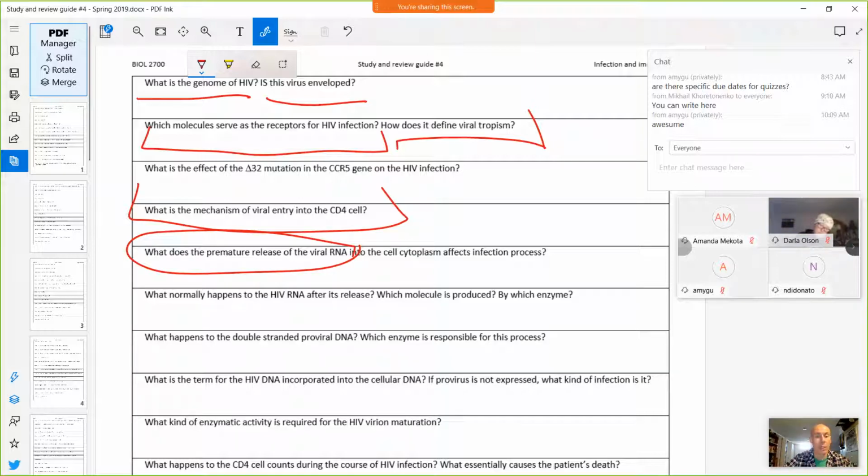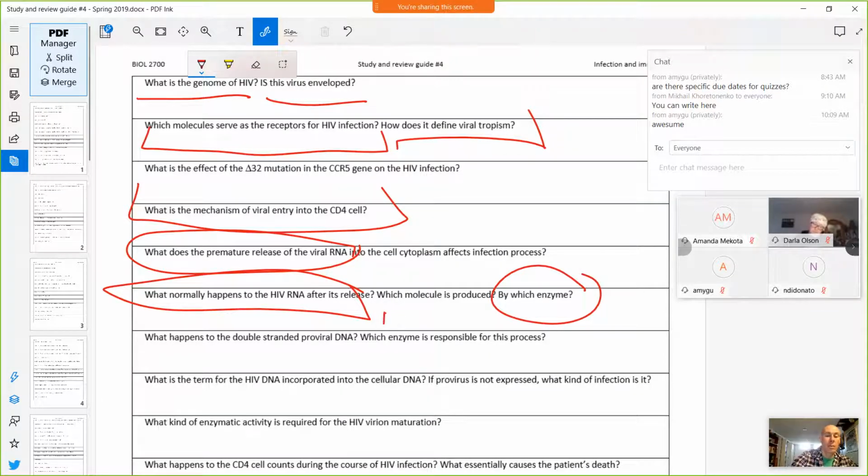Normally, RNA, after the release, gets reverse transcribed by the reverse transcriptase into double-stranded DNA. And the double-stranded proviral DNA is incorporated into the CD4 cell chromosome, the CD4 cell DNA, by the enzyme called integrase.